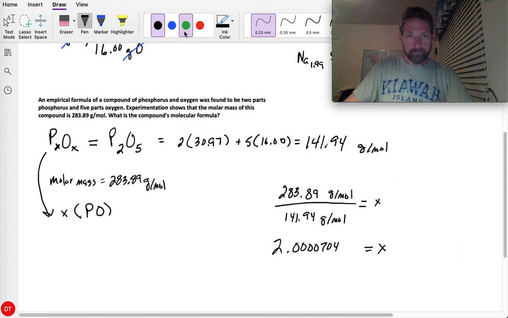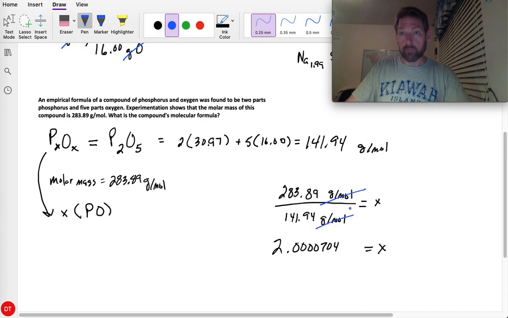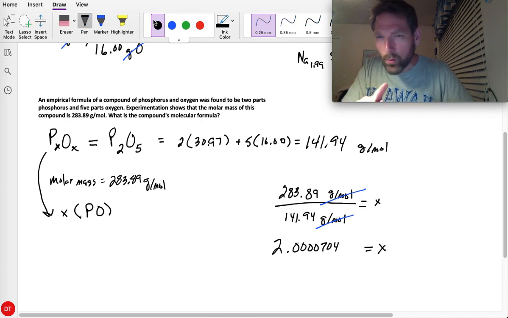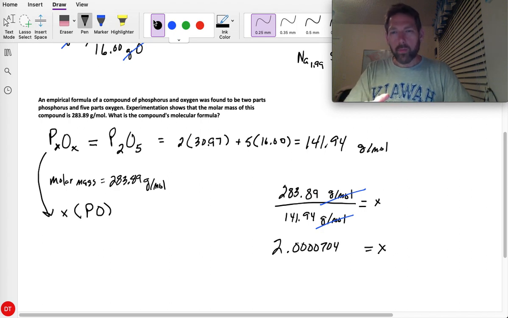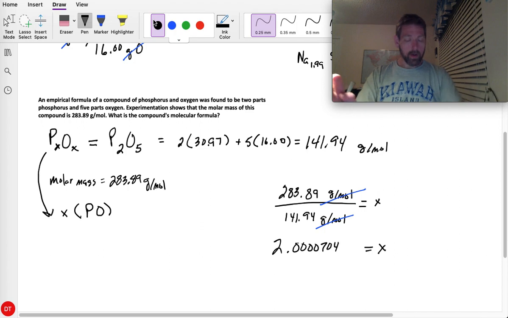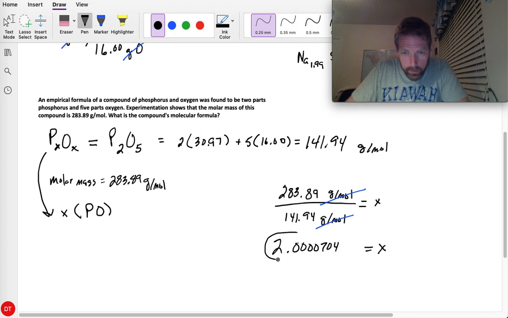Well, what's the unit? Well, you got grams per mole on the top and you got grams per mole on the bottom. Those units are gone. This is one of those rare few times in math where no unit remains. The unit is gone. All right? So we look at this and we go, this is essentially a value of 2.